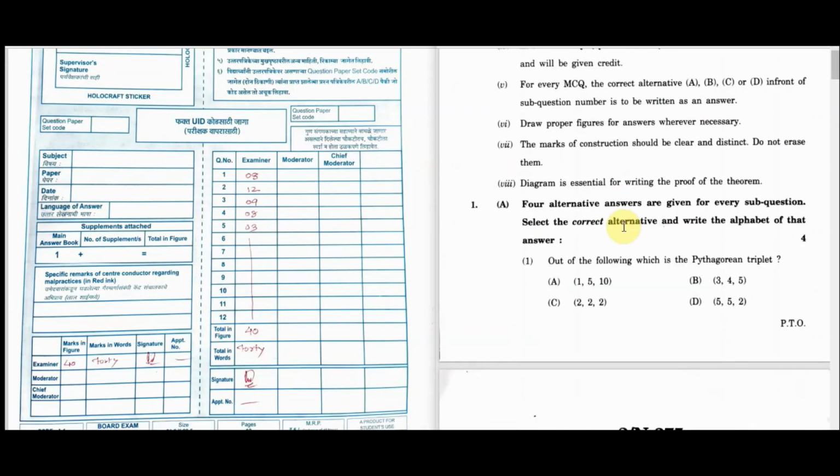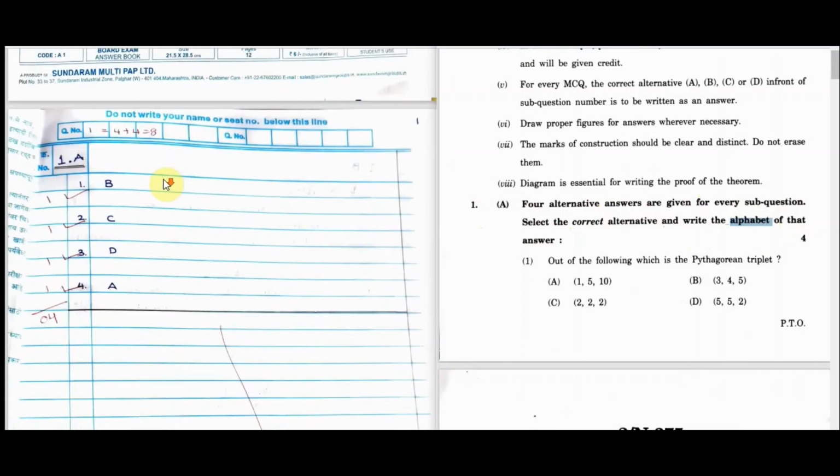See here, question number 1, 4 alternative answers are given. For every sub question, select the correct alternative and write the alphabet of that answer. They said alphabet, which means you have to only write A, B, C, D. The first answer is B, that is 3, 4, 5 is the Pythagorean triplet.